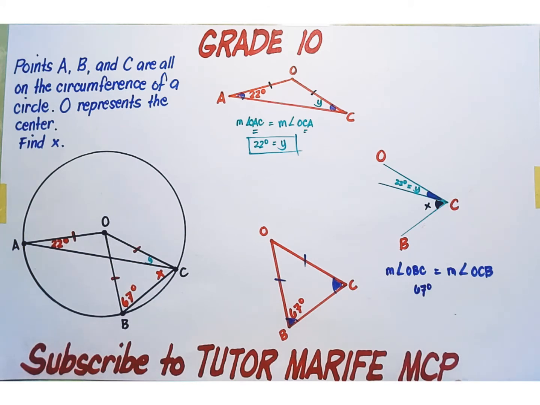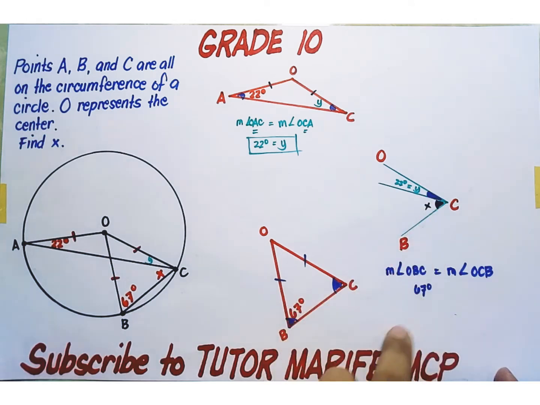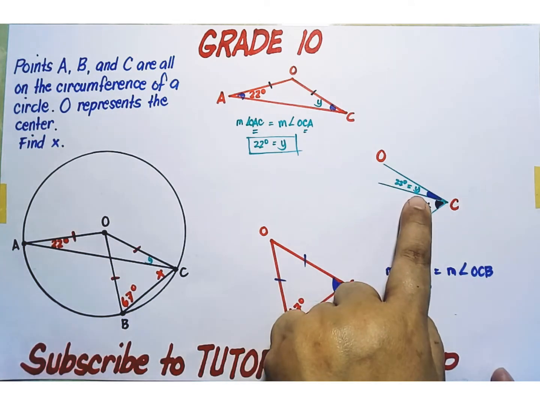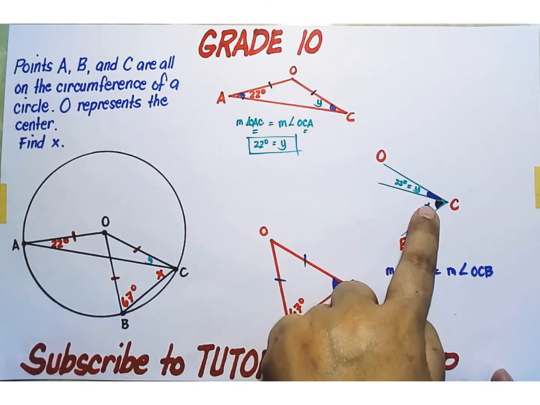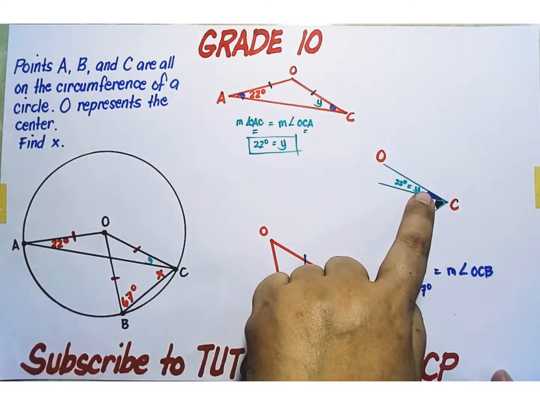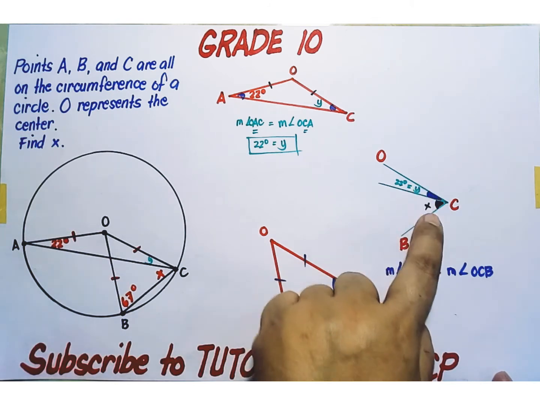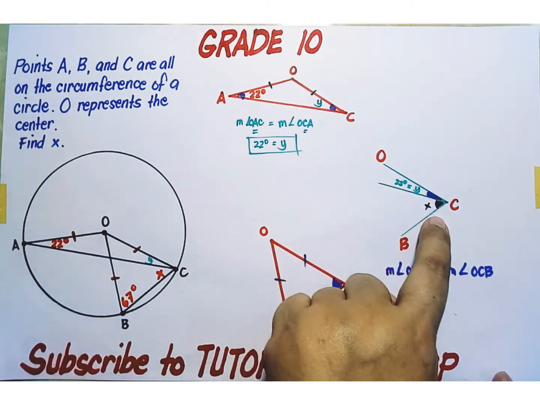But note that angle OCB is divided into two smaller adjacent angles, Y and X. Let's use the angle addition postulate. The angle addition postulate states that if we add two smaller adjacent angles, we will get the larger angle, the angle OCB.